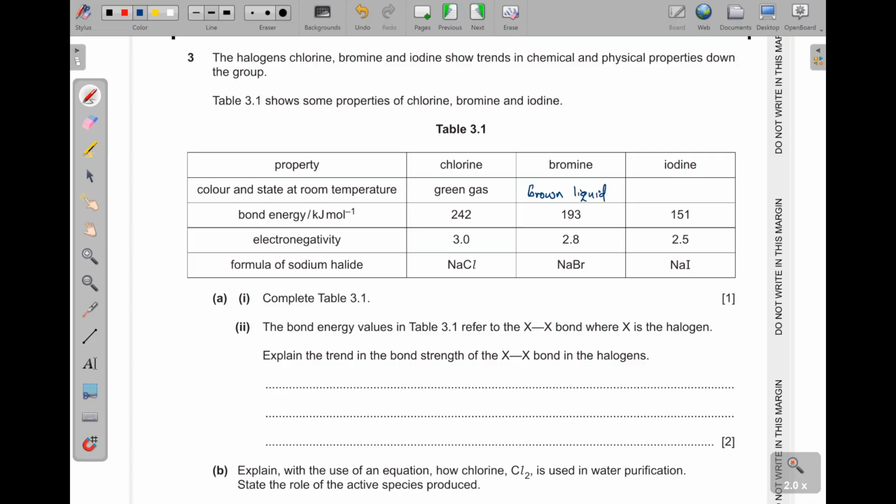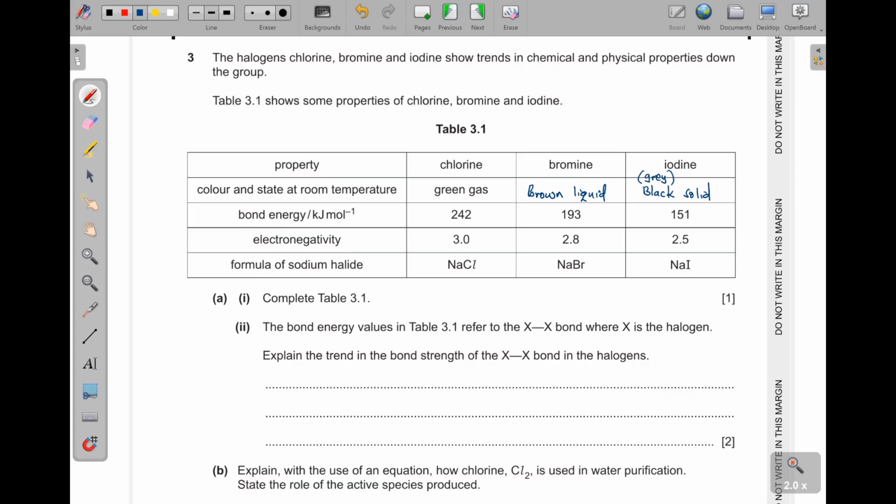So I'll just say brown liquid. And then iodine is a solid. So you can say black solid. It is black or gray, but you write one of them.